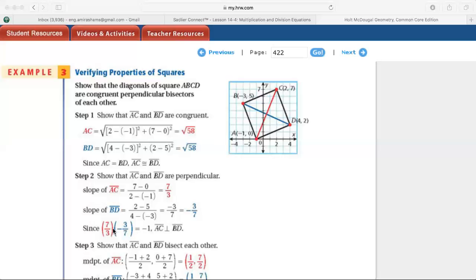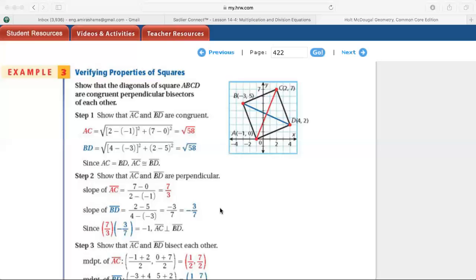When I multiply them together, it is equal to negative 1. So AC is perpendicular to BD. One of the rules of slopes: when the two slopes are inverse to each other, 7 over 3, 3 over 7, and also inverse in sign, the two diagonals are perpendicular to each other.